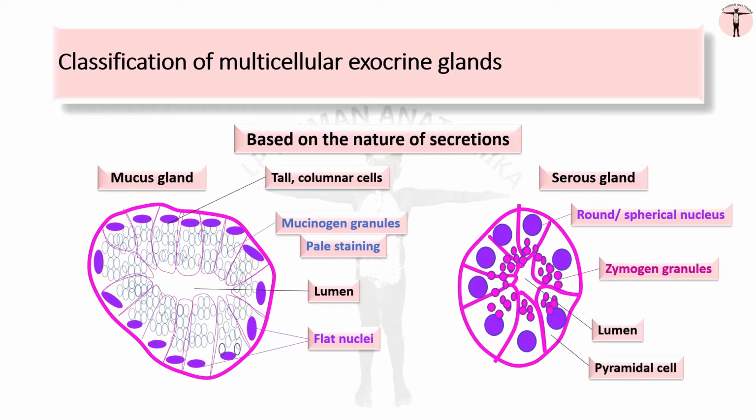The lumen of the acini is small. The secretions of serous glands are protein in nature. With hematoxylin and eosin stain, the cytoplasm of these cells often stains bluish and is called basophilic cytoplasm. The apex stains bright pink, hence called eosinophilic granules.